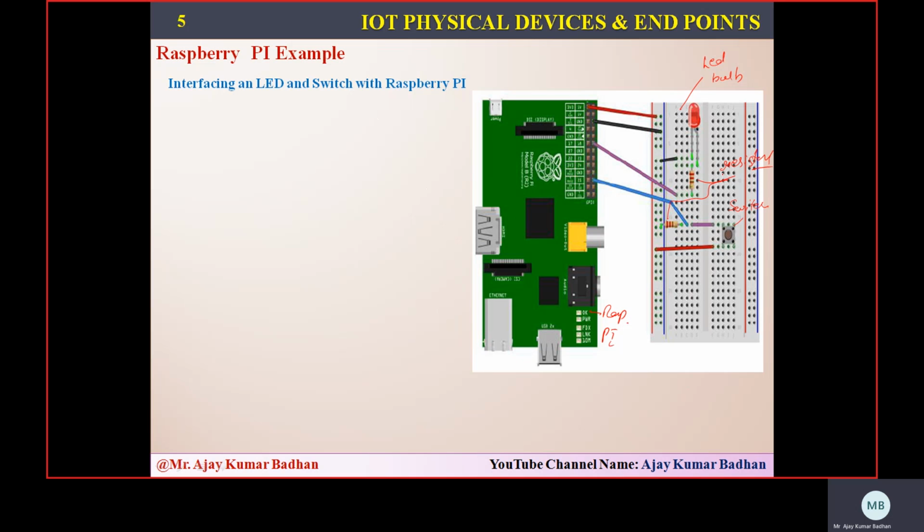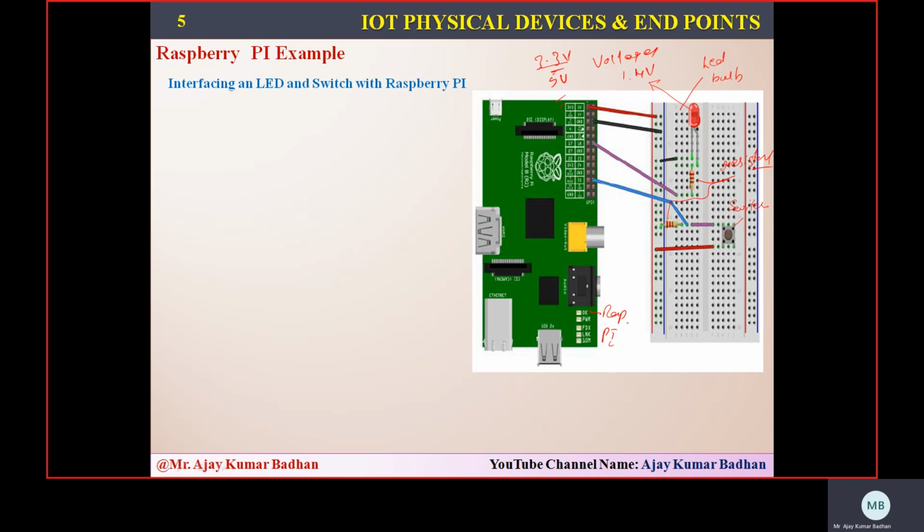Why we are using resistors here is this. See, if you are not using these resistors, what happens? The voltage capacity of this bulb is by default 1.4 volts, but the power you are providing is 3.3 volts, the minimum as per the Raspberry Pi. We have 3.3 volt power and then we have 5 volts.